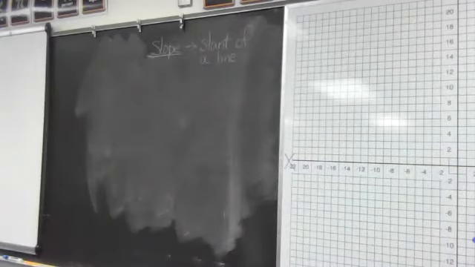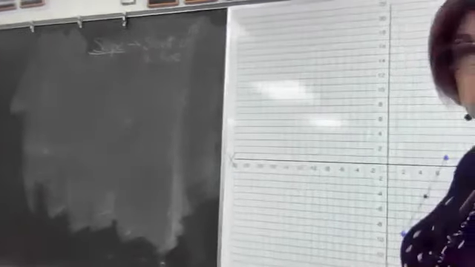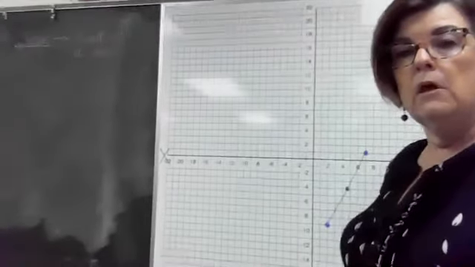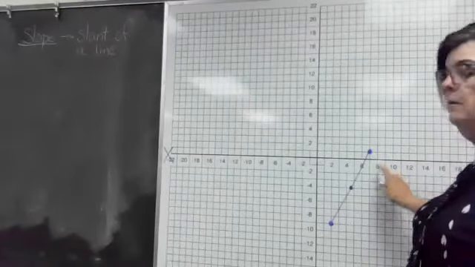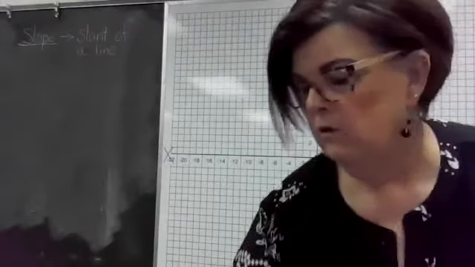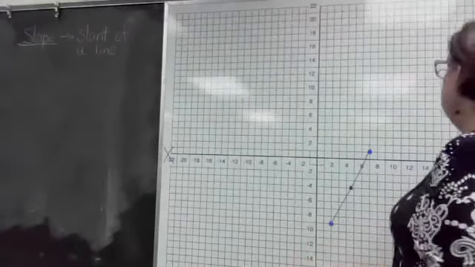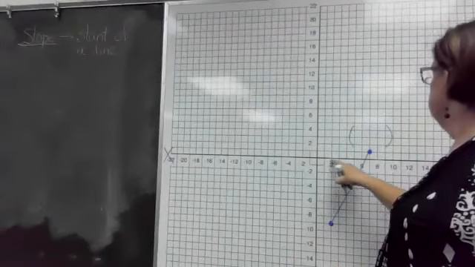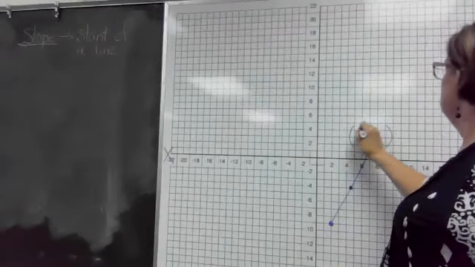Okay, does this still show? We're going to find the slope of this line that we messed with before. So in order to do this, I have to know what the coordinates are. This is 7, 1.